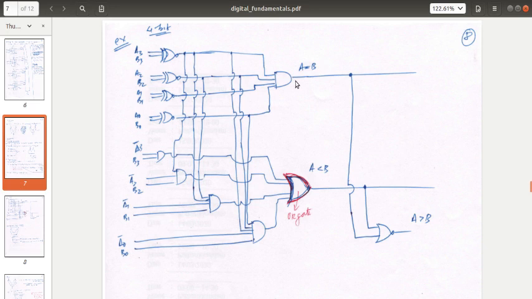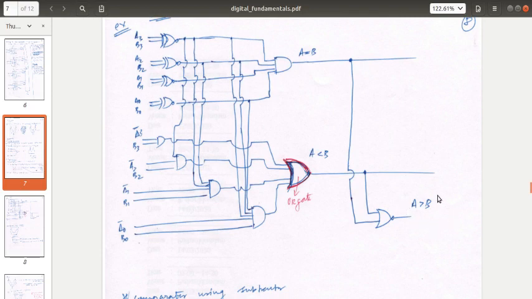We have the logic for A equal to B and we have the logic for A less than B. So how do we find A greater than B? We don't have to implement this whole logic for a next stage. What we can do is simply NOR them, right?